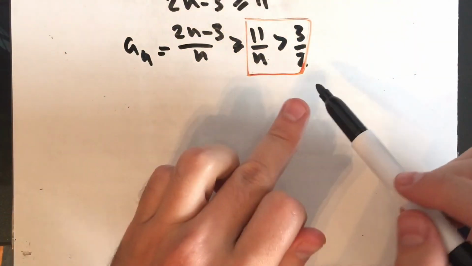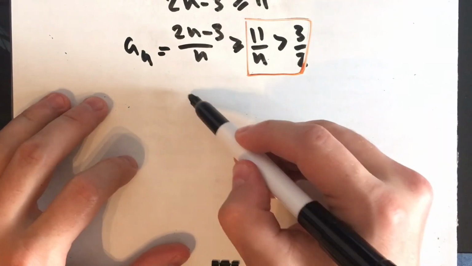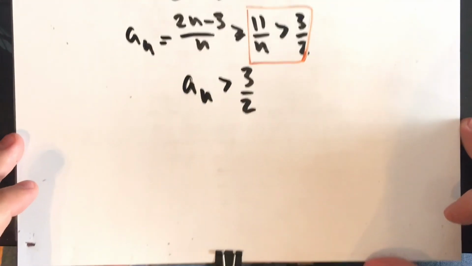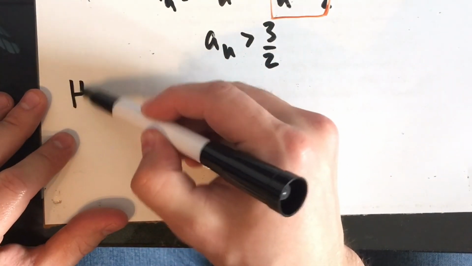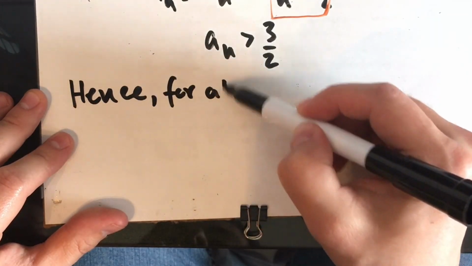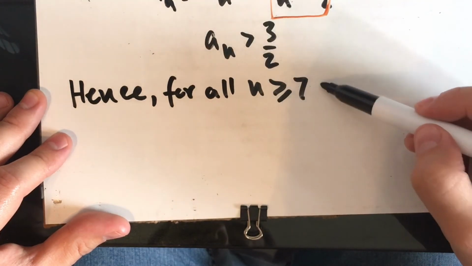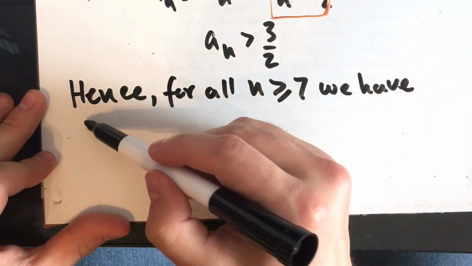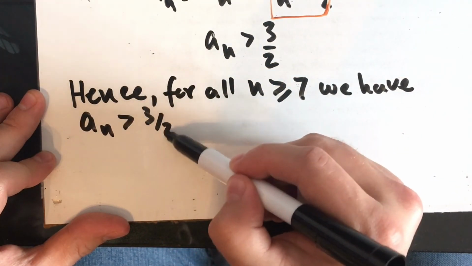Since we are convinced that this is in fact true, that this is greater than 3/2, we could claim that our sequence a sub n is greater than 3/2. And we could write our concluding sentence here. Hence, for all little n greater than or equal to 7, we have that the sequence is strictly greater than 3/2.